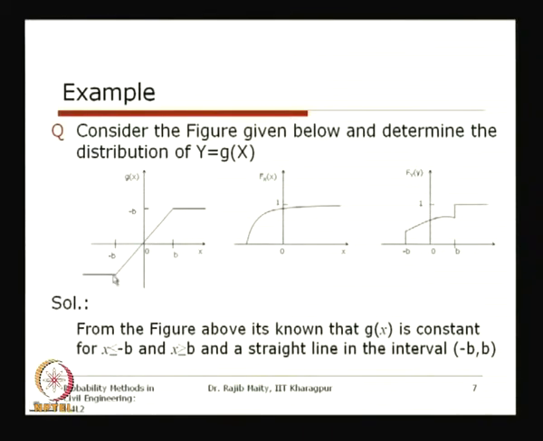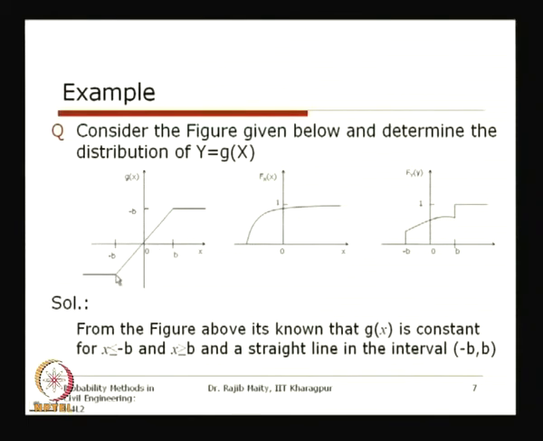There are three distinct dependences over three different zones with respect to x. The first zone is x less than or equal to minus b, the second zone is from minus b to plus b, and the third zone is x greater than or equal to b.